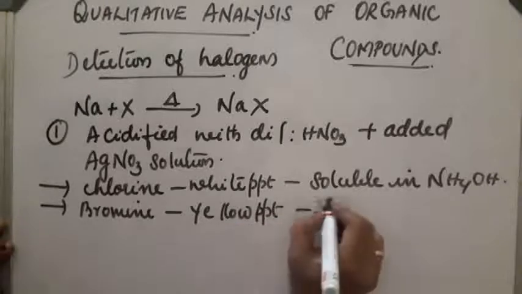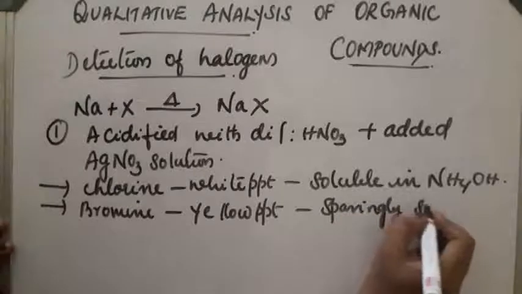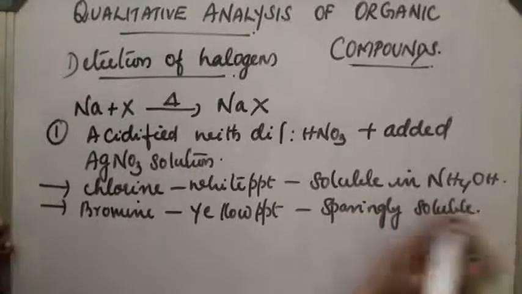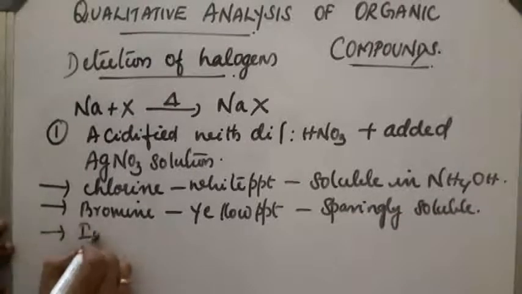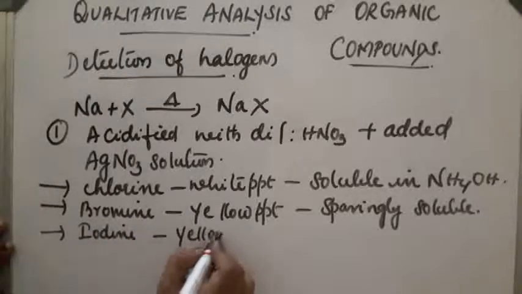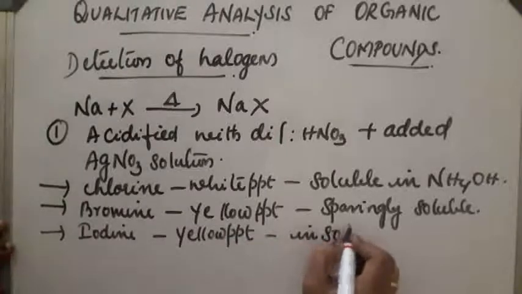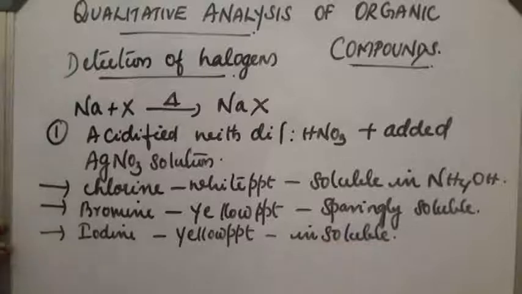If iodine is present, it forms a yellow precipitate again, but it is insoluble in ammonium hydroxide. These are the different tests for halogens.